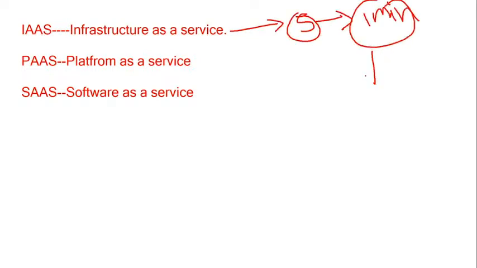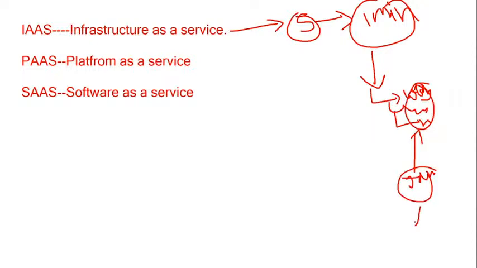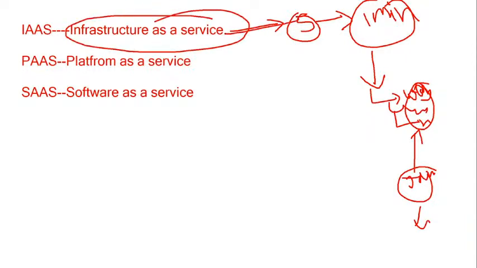Then on top of it, to host the Java application, you install web servers like WebLogic, WebSphere, JBoss, or Apache Tomcat, and host your Java application on top. That should be managed by yourself. The cloud vendor just provides the virtual machines, and the remaining management is taken care of by yourself. Why? Because the application is yours, so management is yours. That is Infrastructure as a Service.